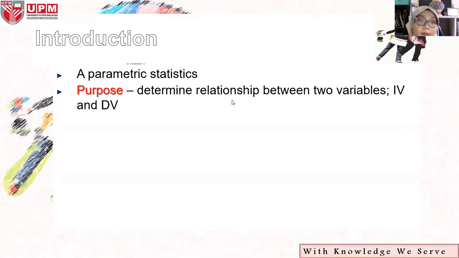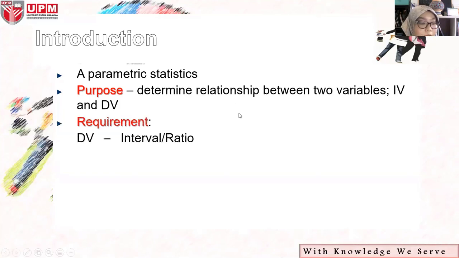In terms of the requirement, both IV and DV must be in either interval or ratio scale of measurement, only these two scales. You cannot have a categorical scale of measurement to run the Pearson product moment correlation.